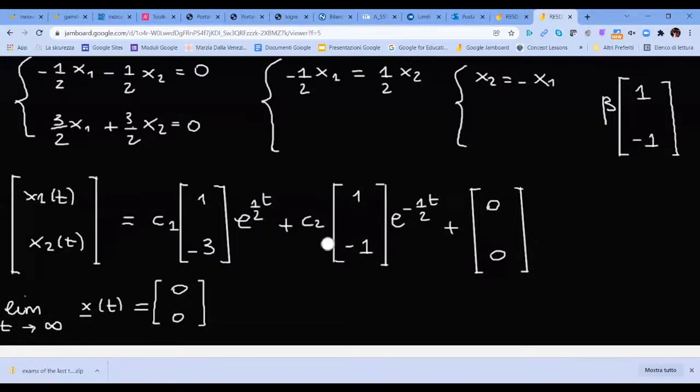And what should C2 be? The limit of everything that remains should be 0, 0.